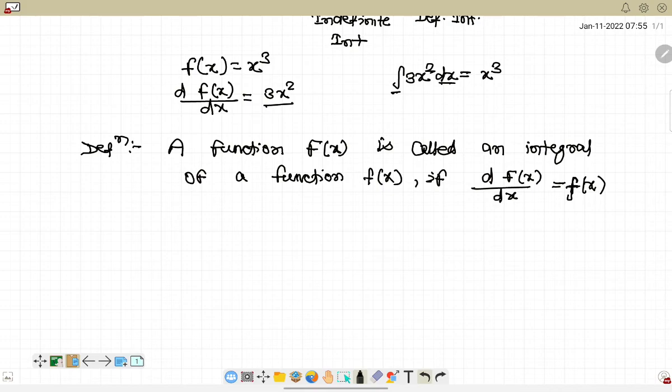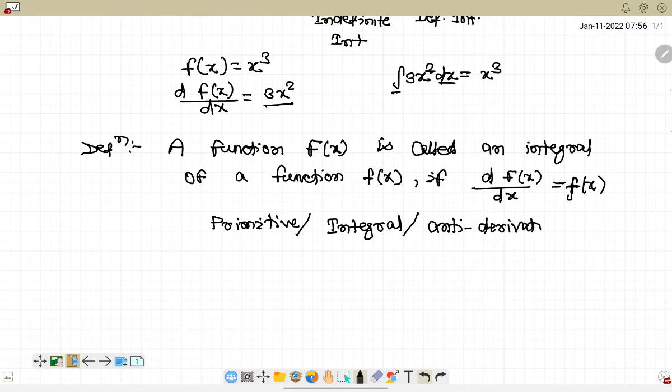Now in place of integration, we can use terms like primitive, integral, or antiderivative. The meaning of primitive, integral or antiderivative is the same as integration.